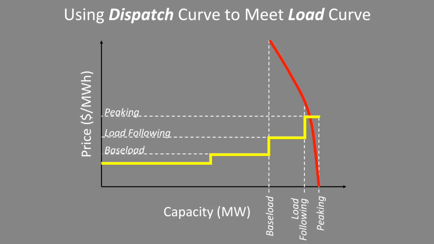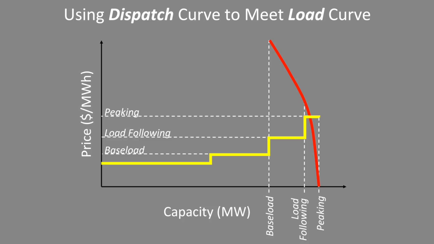A couple of things to note at this point. First, only the generators or suppliers set the wholesale price of electricity. Buyers of wholesale electricity are price takers. Second, by using generators in the order from lowest to highest cost, the system operator managing the economic dispatch ensures that the wholesale electricity price is the lowest possible price given the prices demanded by the available electric generators.